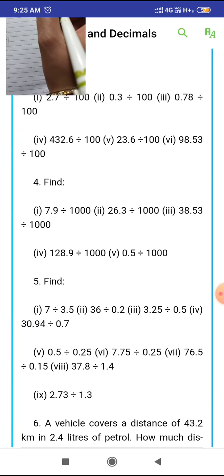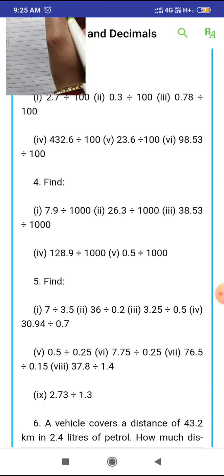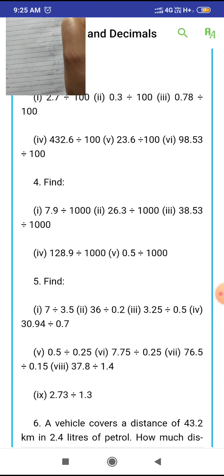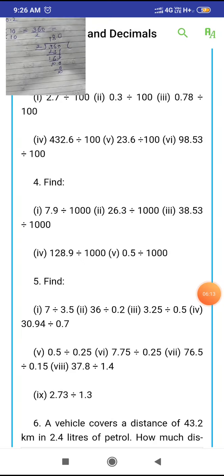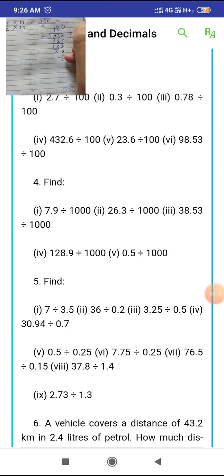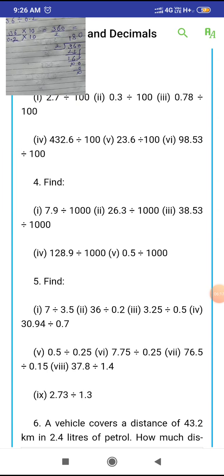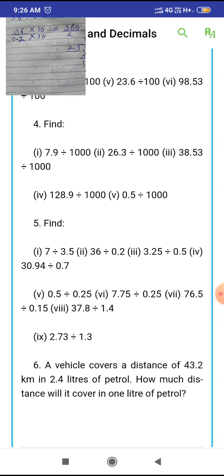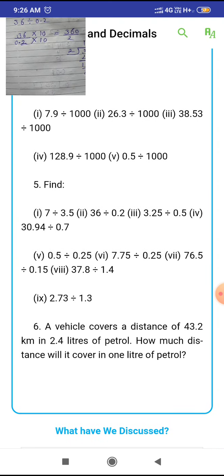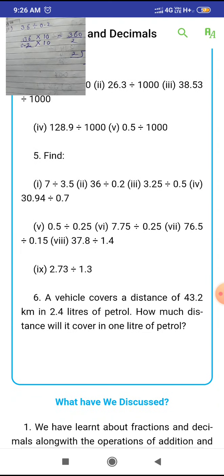So after multiplication we have 360 divided by 2. When we divide 360 by 2 we have 180 as our answer. By applying this method you can solve the remaining parts of the fifth question.